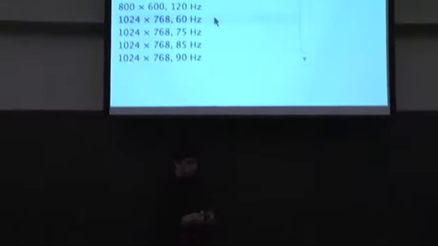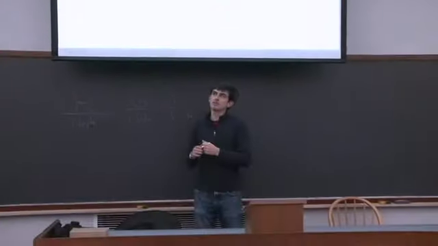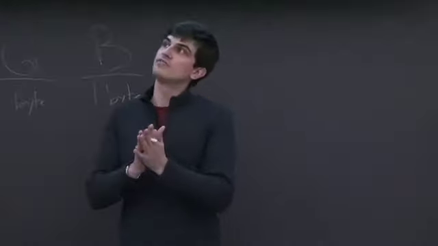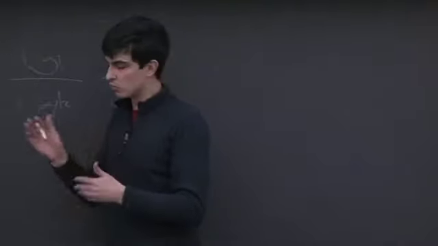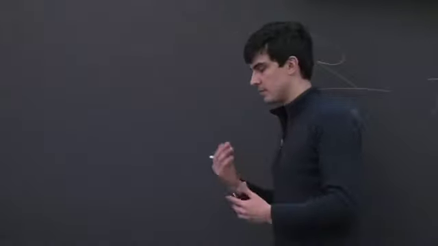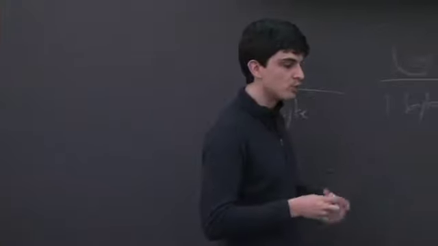Our eyes have a minimum limit: if something is refreshing at a rate lower than about 15 or 16 times every second, then we will be able to notice that there is some refreshing going on. The motion won't appear smooth to our eyes.